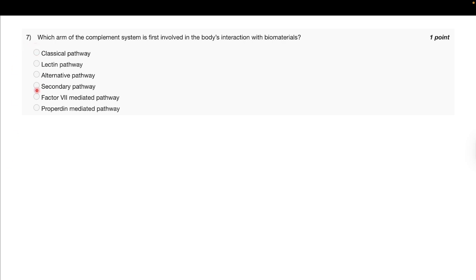Okay, people have started answering option C, alternative pathway. Thank you for responding.